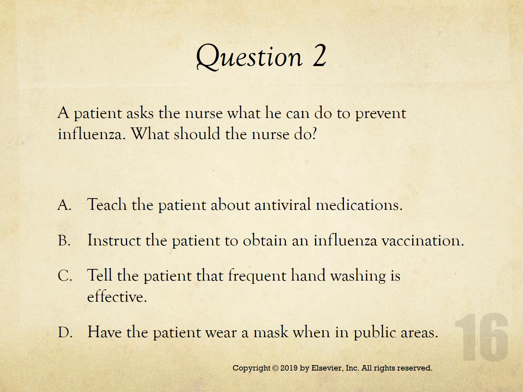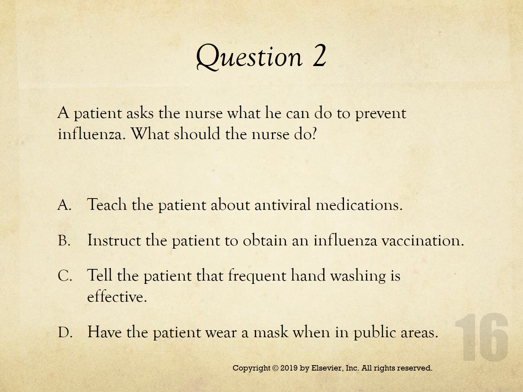Question 2. The patient asks what he can do to prevent influenza. What should the nurse do? The best answer here is to instruct the patient to obtain an influenza vaccine. All the other ones can be helpful. Of course, hand washing is very important.